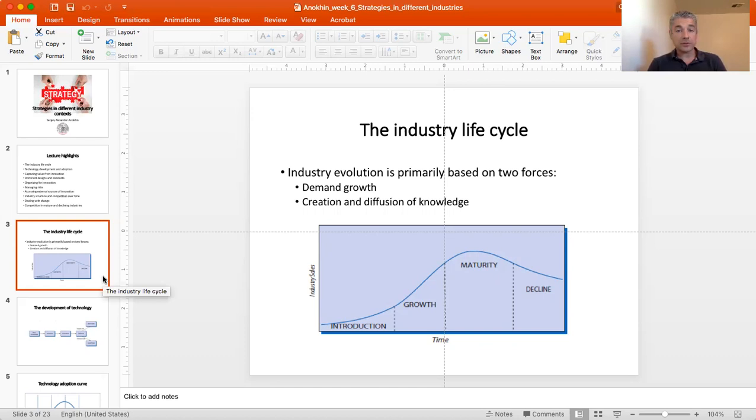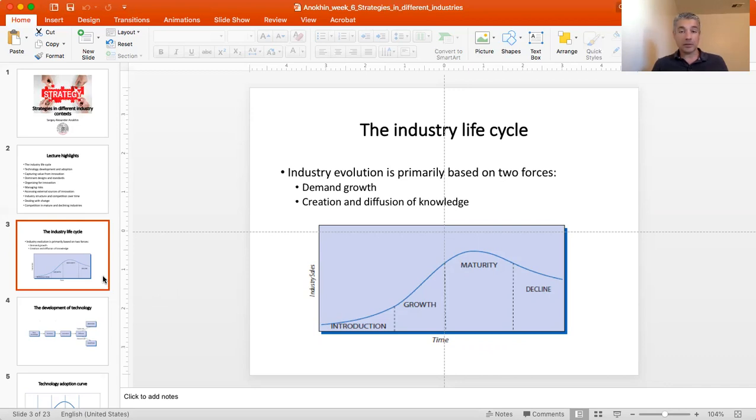Industry evolution is subject to 2 primary forces: demand growth, which is what most of us understand and can envision rather easily. The other driving force for the industry evolution is the creation and diffusion of knowledge. That is not necessarily seen by us, the users. We deal with products, not necessarily with technologies.